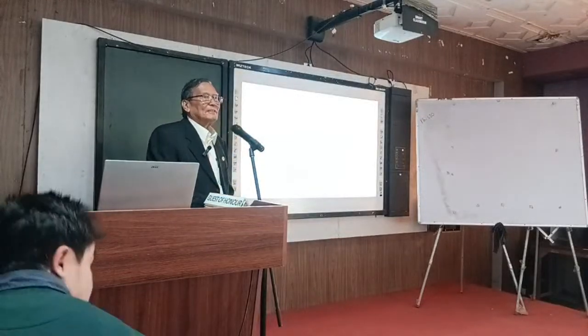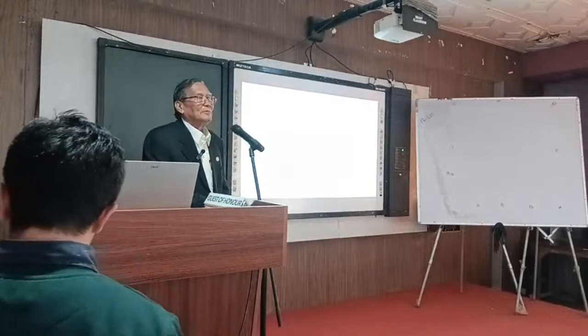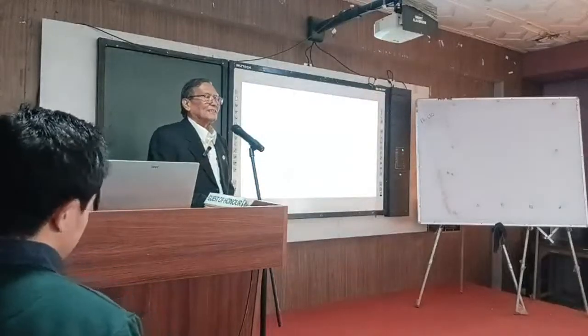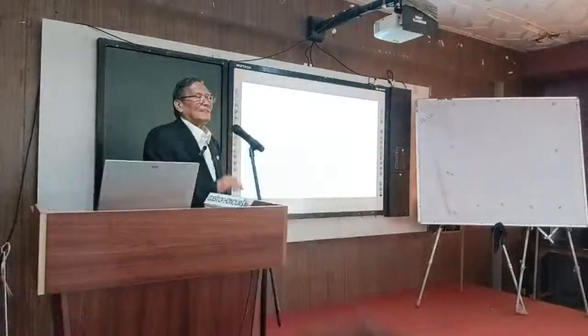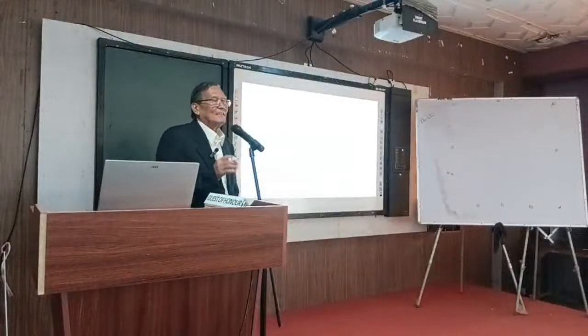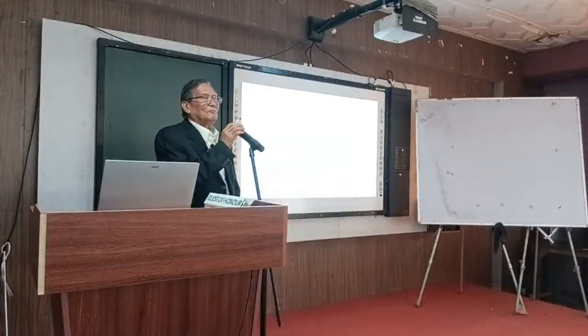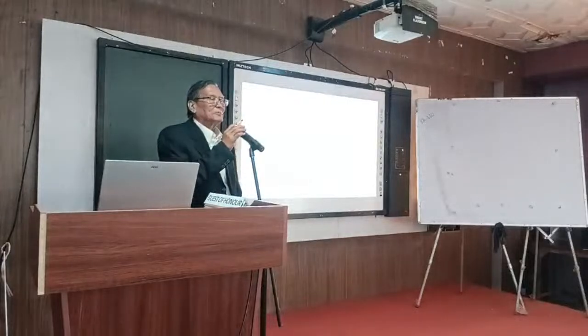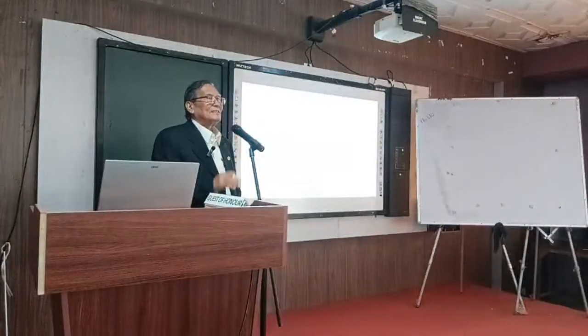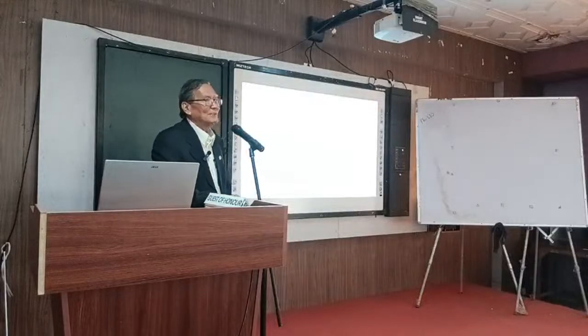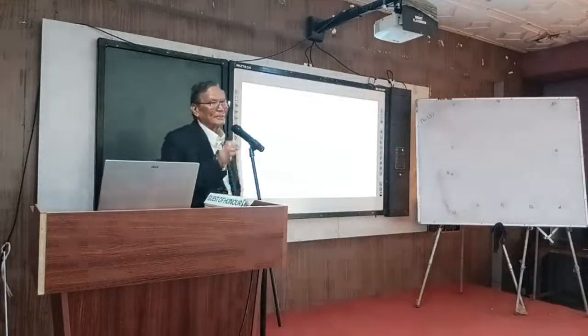I'll start with the deficiency of classical mechanics, classical theory. In the classical theory of the black body radiation spectrum, how classical theory failed to explain the black body radiation spectrum.